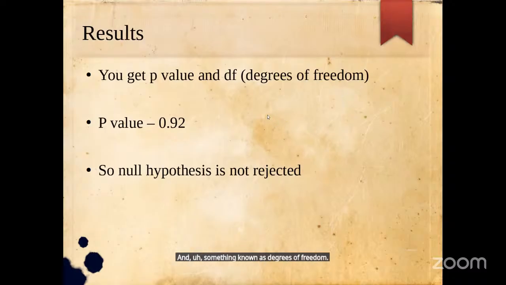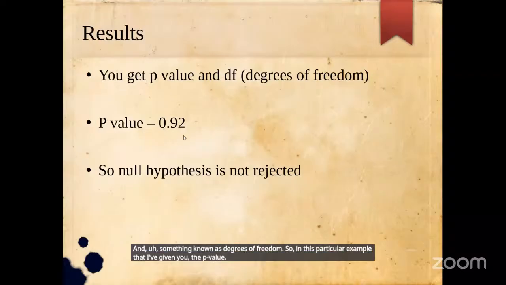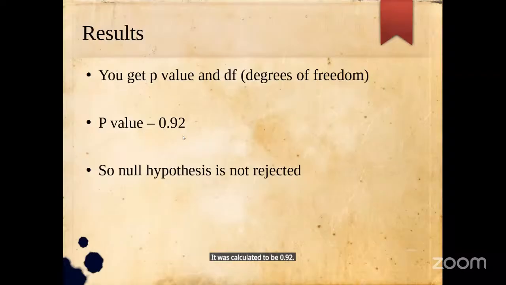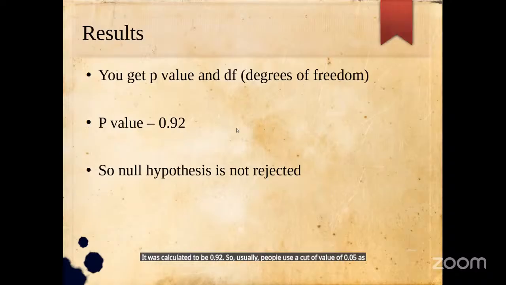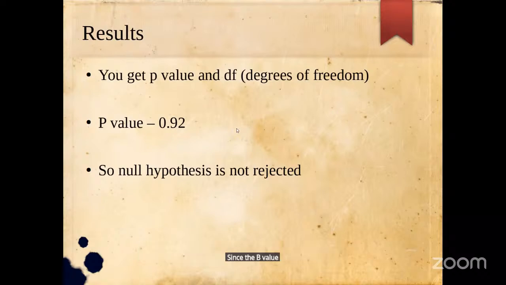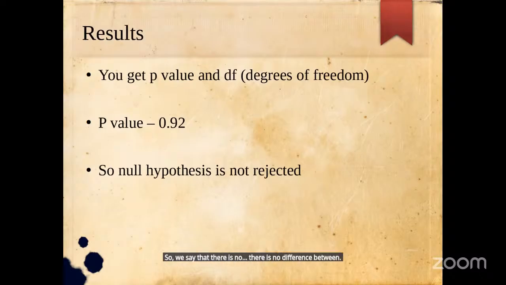In this example, the p-value was calculated to be 0.92. People usually use a cutoff value of 0.05 for the p-value. Since the p-value here is greater than 0.05, the null hypothesis is not rejected. So we say that there is no difference between these two groups, and no association between gender and level of education.